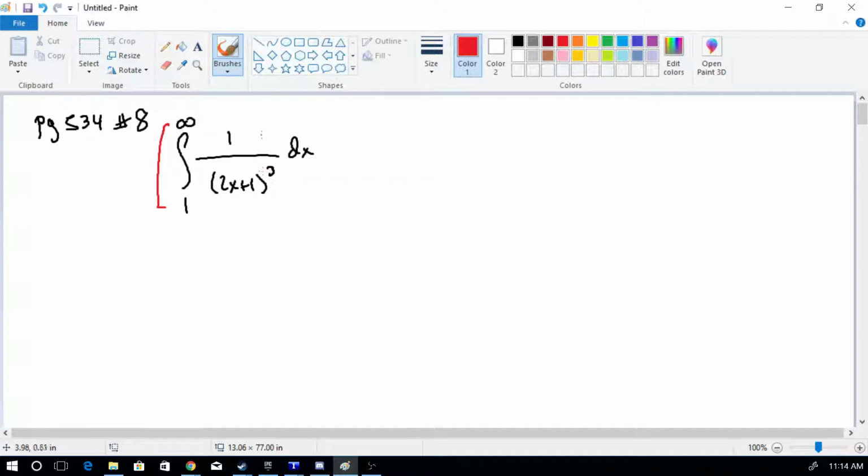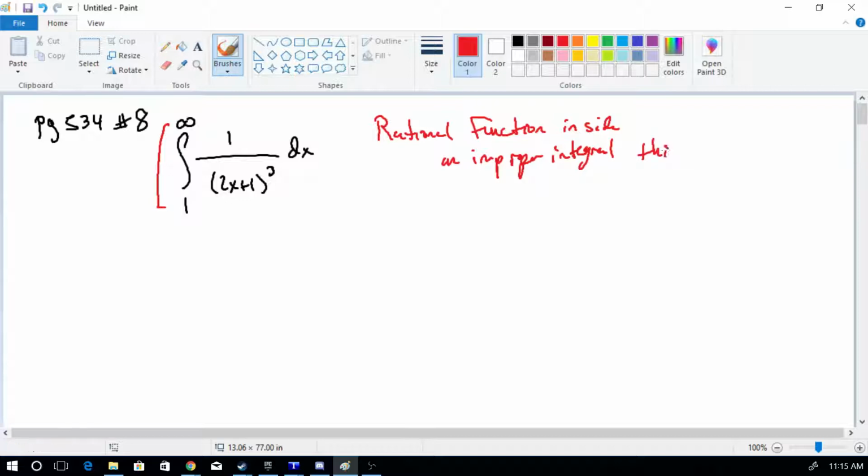Anytime I see a rational function inside an improper integral, I want to think comparison test. Okay, every time, every single time.